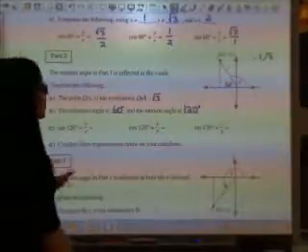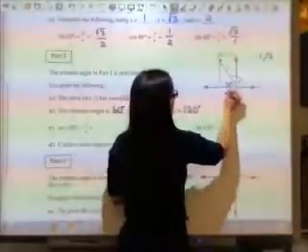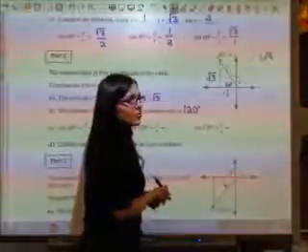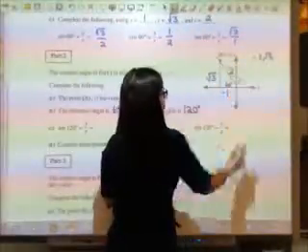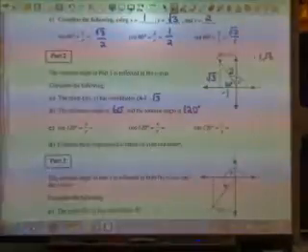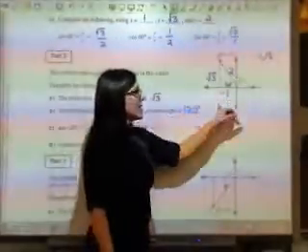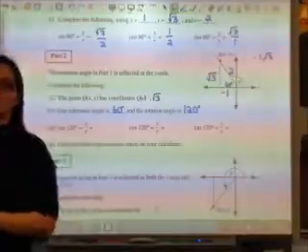If I label the parts of my triangle, I have that this is -1, this is √3, and my r is still going to be 2. Because it's the exact same triangle that I drew in the first quadrant, the exception being that x is -1.